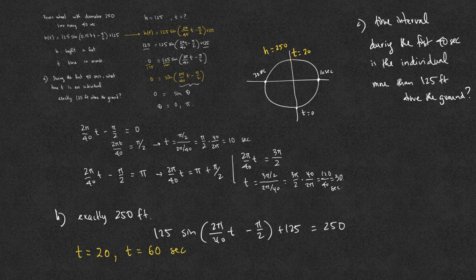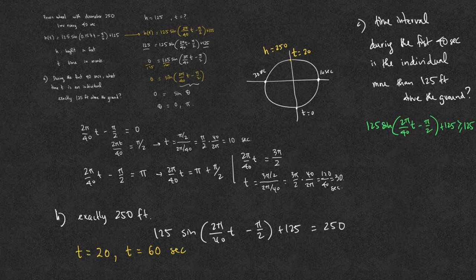For part C, during what time interval, not just the time, but the time interval, during the first 40 seconds of the ride is the individual more than 125 feet above the ground? One way to do this is to set the height equation, 125 sine of (2 pi over 40 t minus pi over 2) plus 125, greater than or equal to 125 and solve for t.